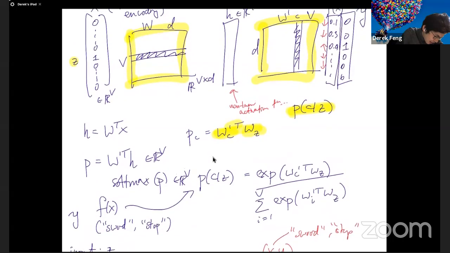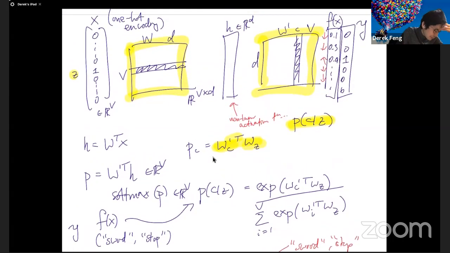But I think now it should be fine. All we're trying to do is this: a neural network is basically a function that maps the word to a probability distribution over my vocabulary, and it's parameterized by those word embeddings.